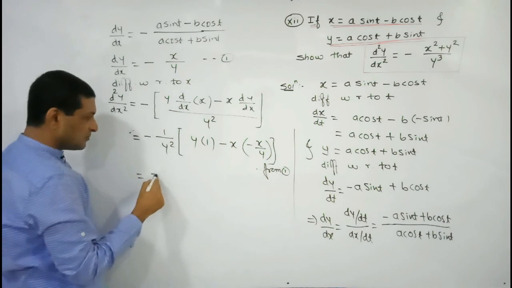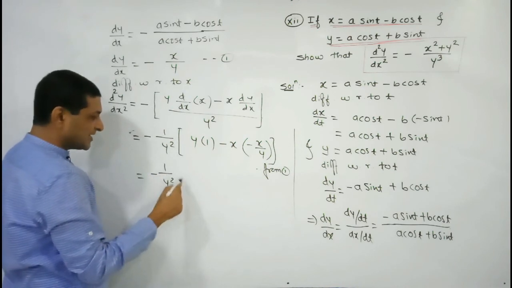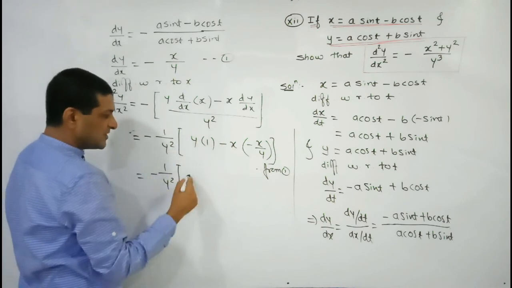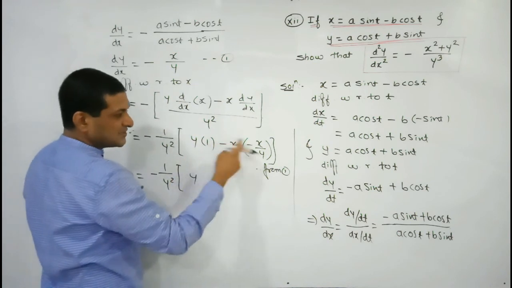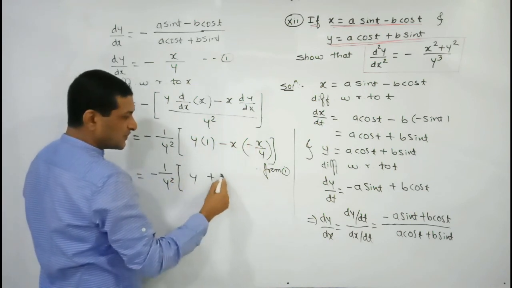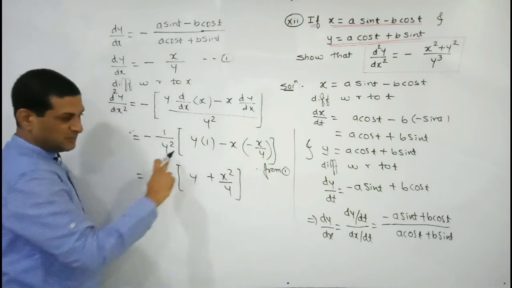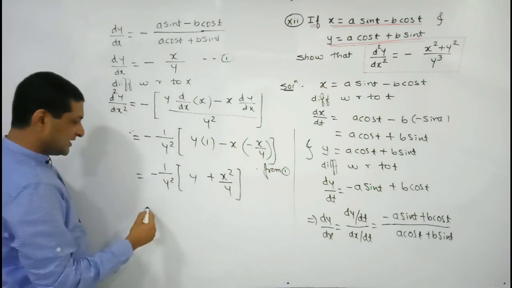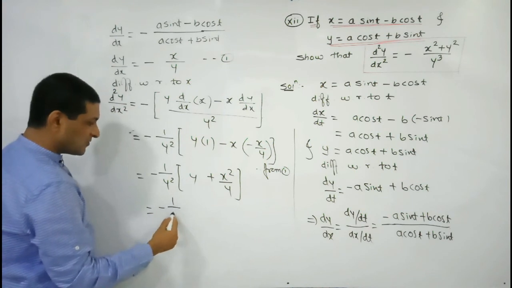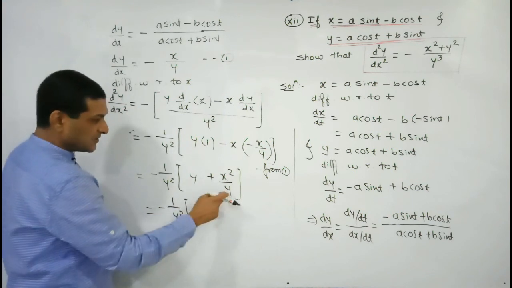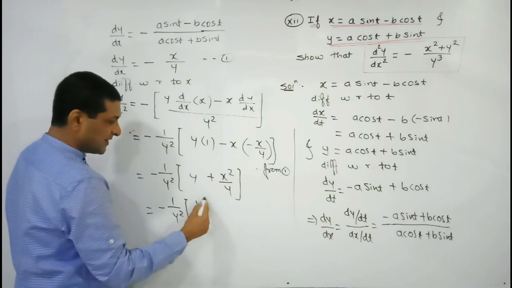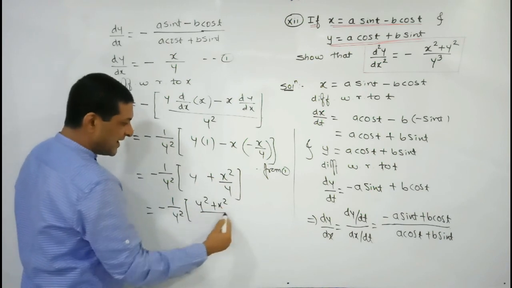So which is equal to minus 1 upon y square, keep it as it is. Here y into 1 will be equal to y, minus into minus x will be equal to plus x square upon y. Okay, now we are taking cross multiplication. Let us see what we'll get. Minus 1 upon y square, keep it as it is. So here we will get y square plus x square, divided by y.